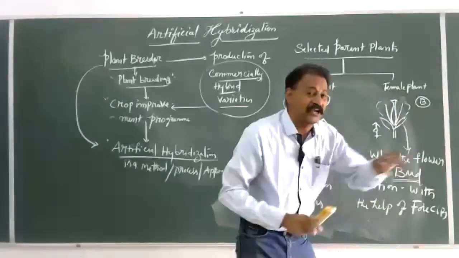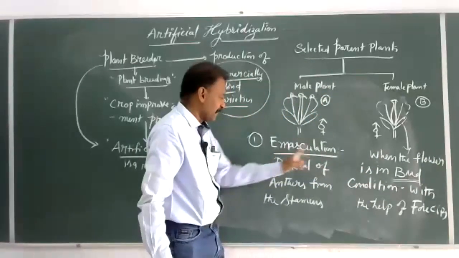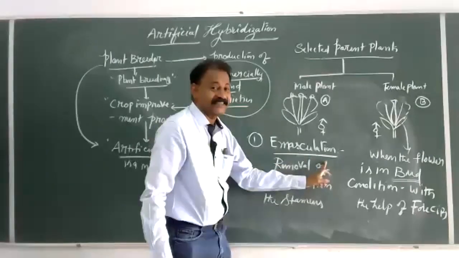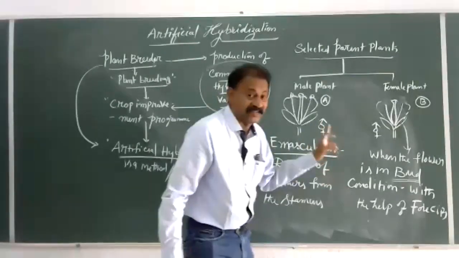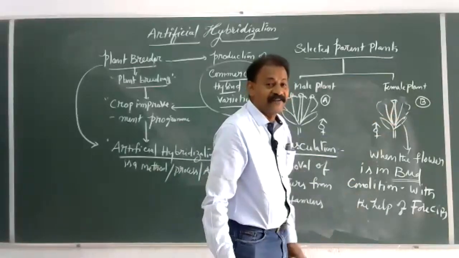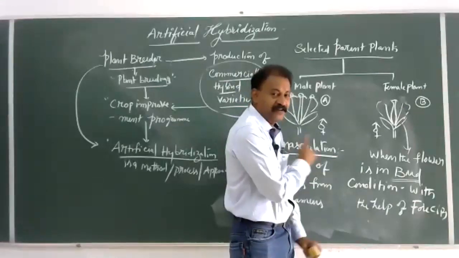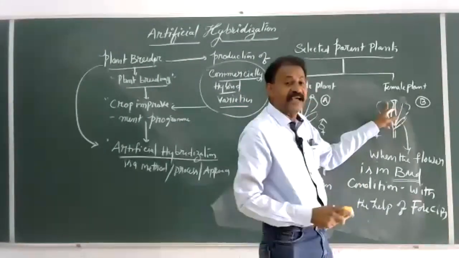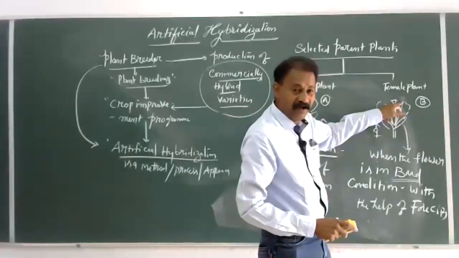Emasculation is a process to indirectly stop unwanted self-pollination. If we do not do emasculation, pollen grains will automatically release from the anthers and may fall on the stigma.